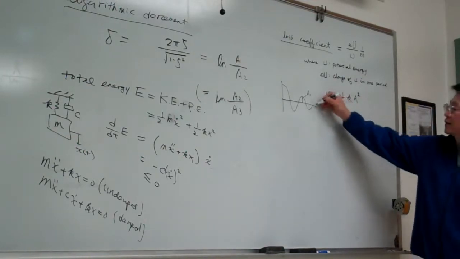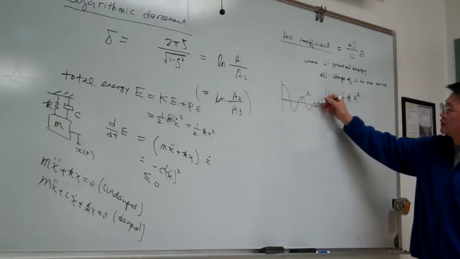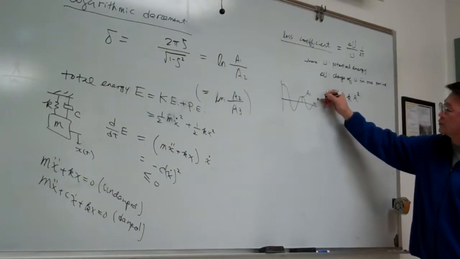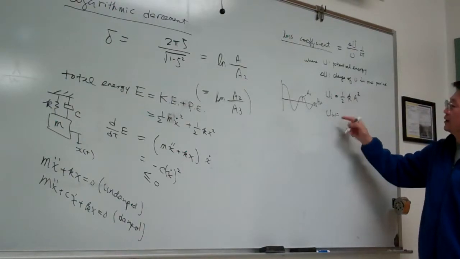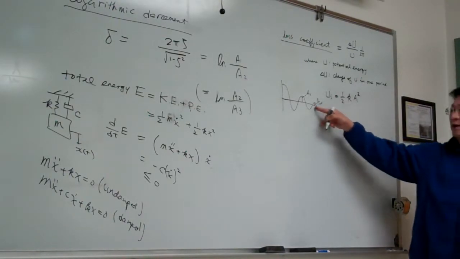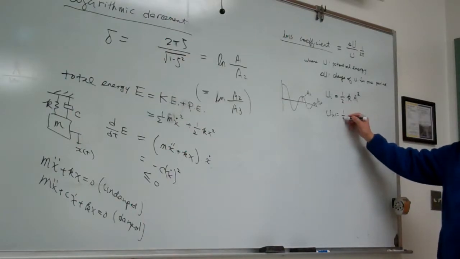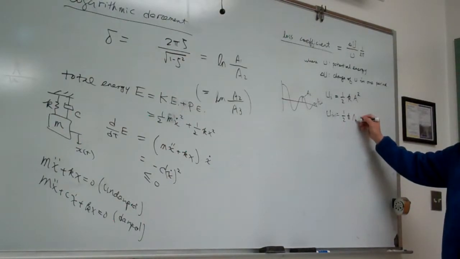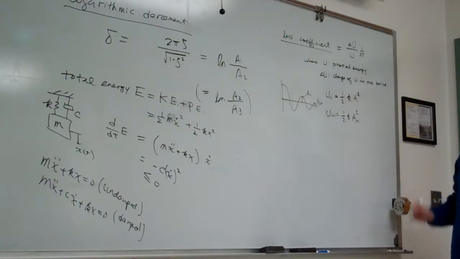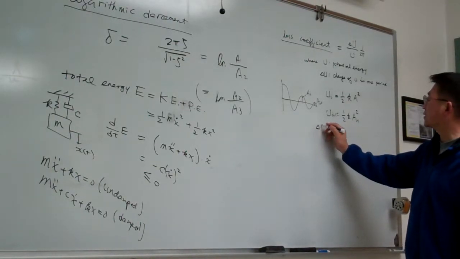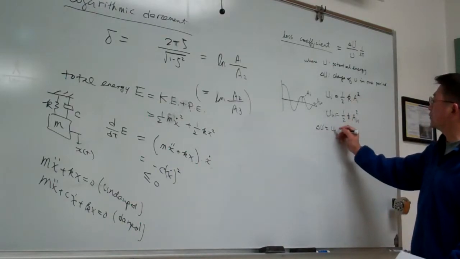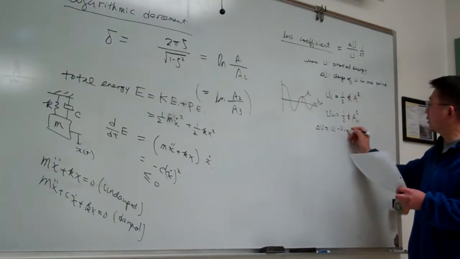Okay, and then the next one, one period apart, has magnitude equal to A_{i+1}. So we can calculate the potential energy corresponding to one cycle later, and that is 1/2 K times A_{i+1} squared, right? Okay, so we can proceed to calculate delta U. Simply it is delta U equals U_i minus U_{i+1}.